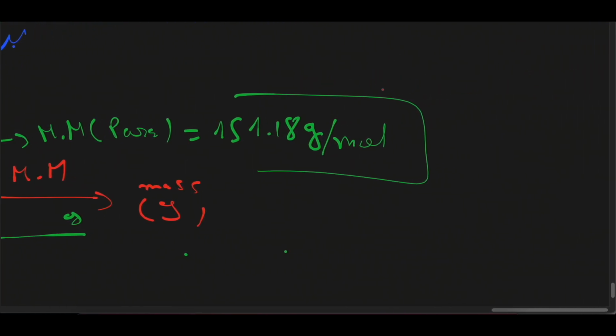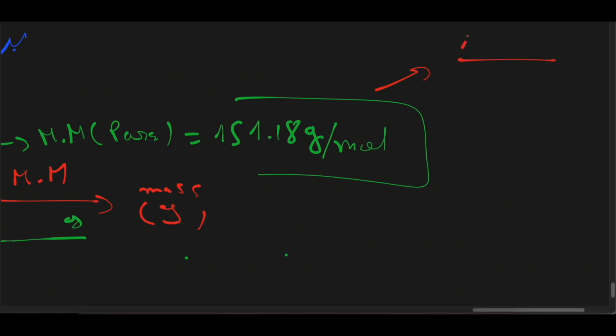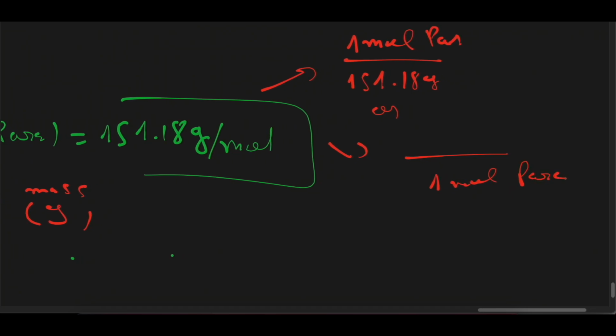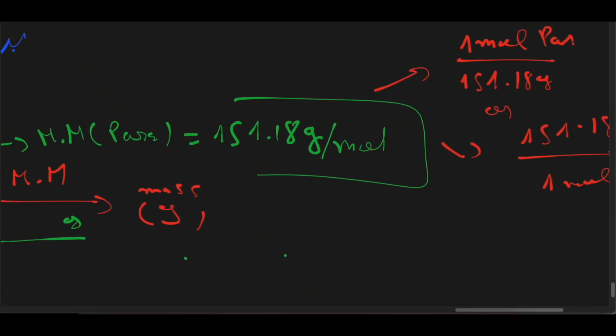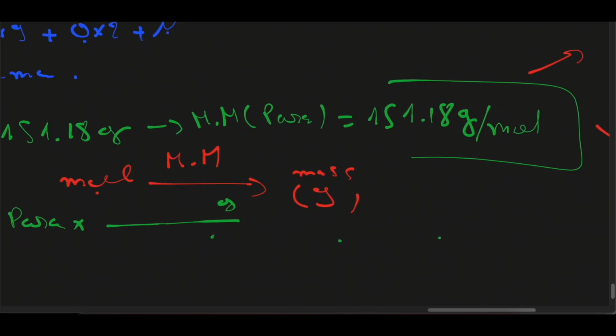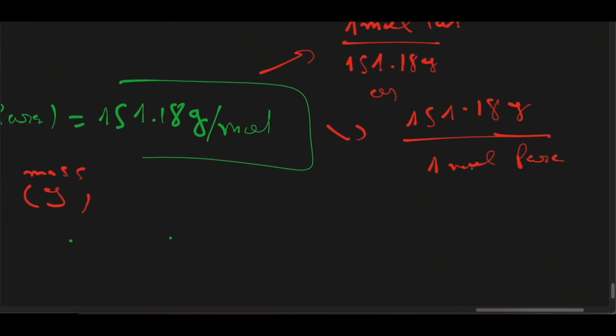This molar mass, I can write it like this: 1 mole of paracetamol has a mass of 151.18 grams. Or we can write it differently: 1 mole of paracetamol at the bottom of the fraction, which has a mass of 151.18 grams. So which one of them will we use? Here we have the gram and the mole in the denominator, so we'll use this one.